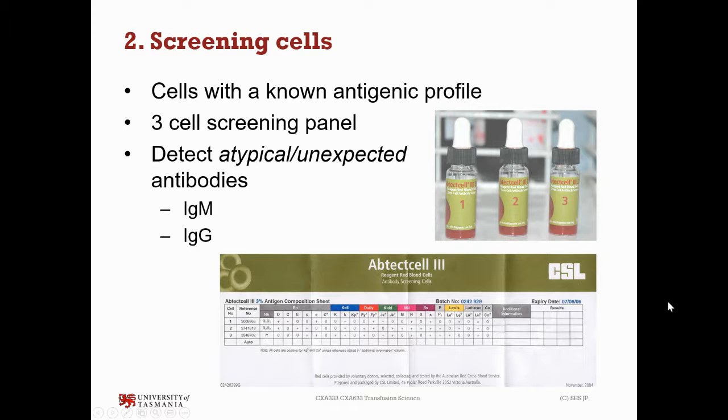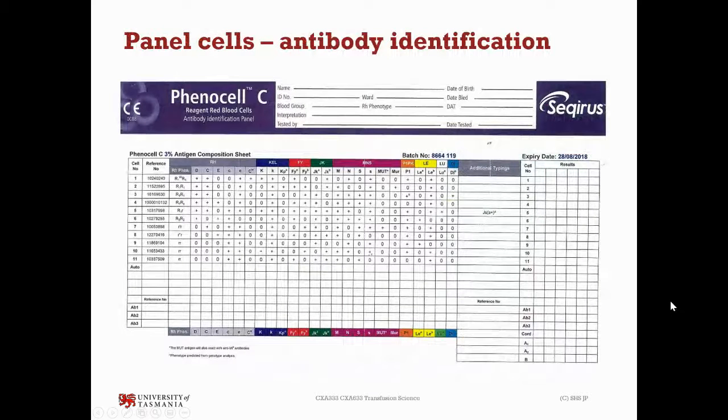So the difference between the screening cells and the panel cells is the number of cells that are there. Okay, so the screening cells screen our plasma to see if there is an atypical or unexpected antibody present, and the panel cells are what we use to identify the antibody.